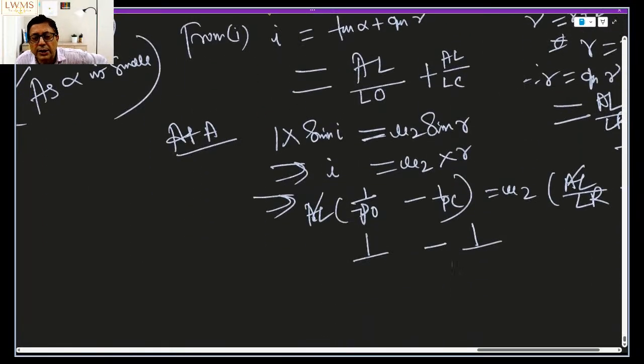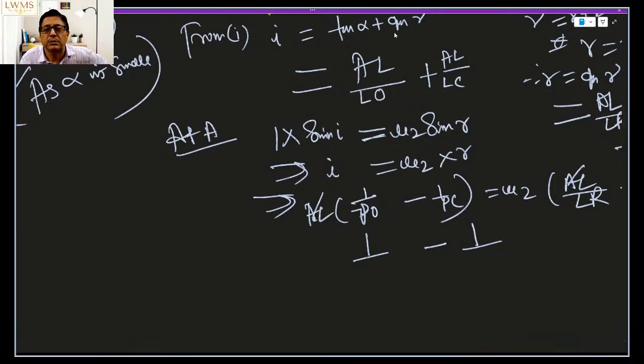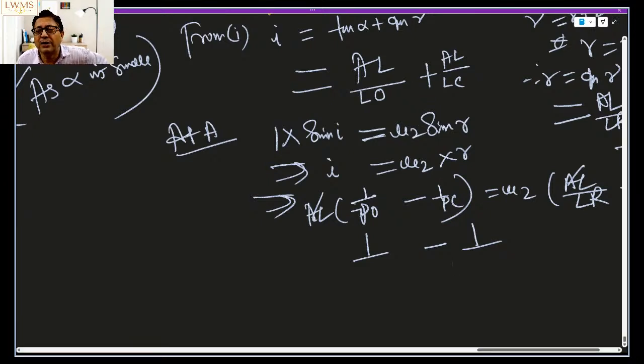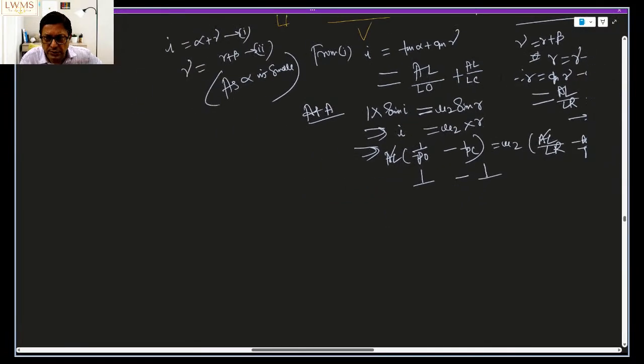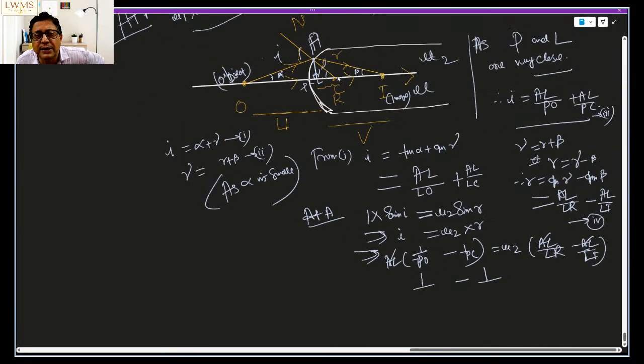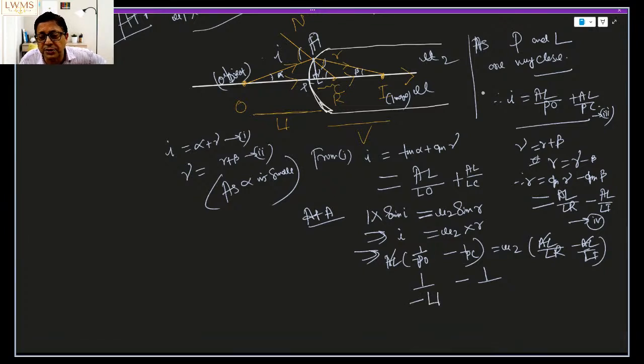P2O distance is U, so we take 1 by minus U, opposite to the direction of light.